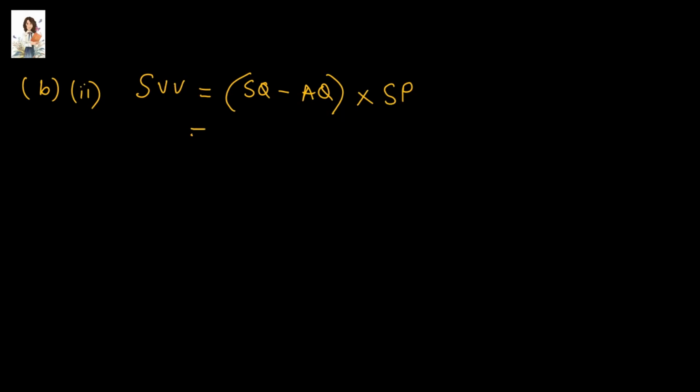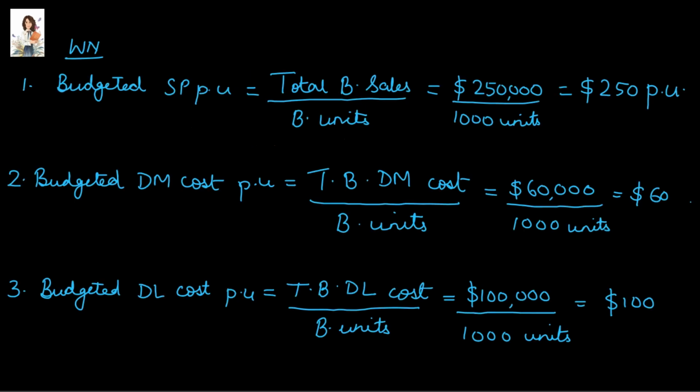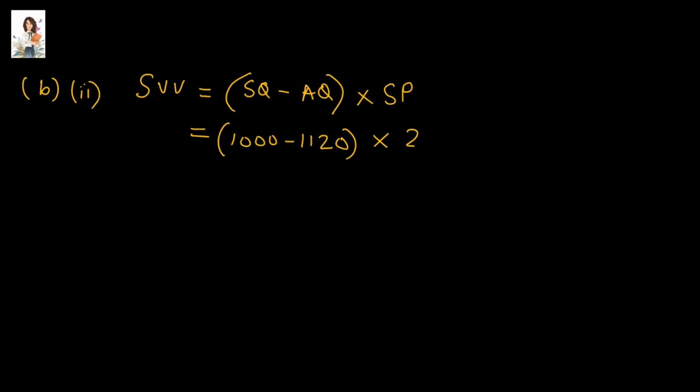So putting these values in the formula, 1000 minus 1120 multiplied by the standard selling price, which we have already found in working note 1. In working note 1, we saw that the standard selling price was $250 per unit. So we'll write 250 over here in the equation. Solving this further, we get standard volume variance is $30,000.